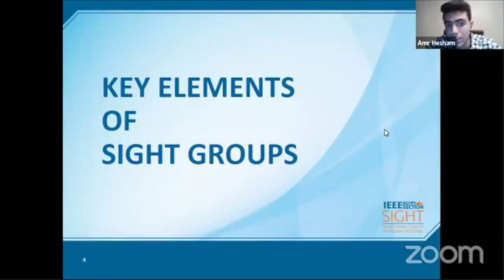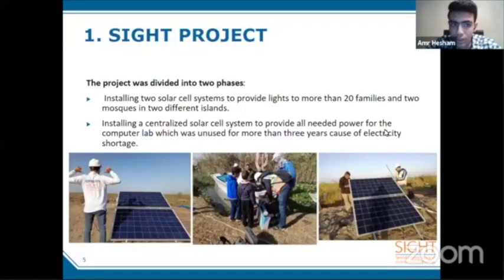So let's get close to key elements of SITE groups, especially inside Egypt. The first key element is the SITE project. We have to do a project every year. Our project in 2019, last year, was divided into two phases.